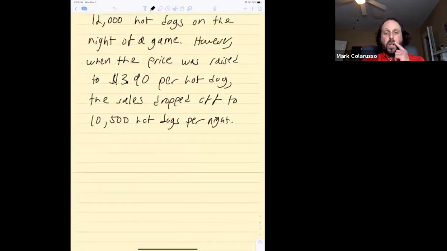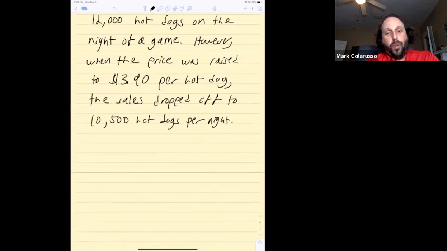Okay, so the question is, what's better in some sense, when you want to maximize your profit? There are two competing interests. You can lower the price and sell more hot dogs, or you can raise the price and sell fewer hot dogs, because there'll be less demand at a higher price.